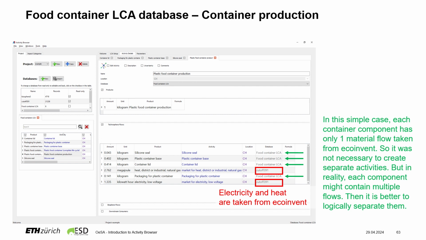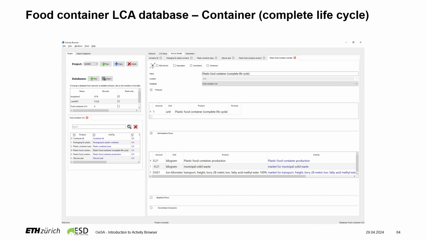Okay, so this is the production. Now we have the produced food container, and what we need to do next is model the complete life cycle. For that, what we're still missing. Like before, I always had kilograms, and the reason for that was when we were talking about transport, the transport is usually in ton.